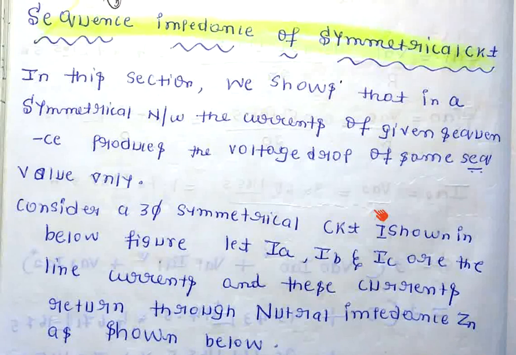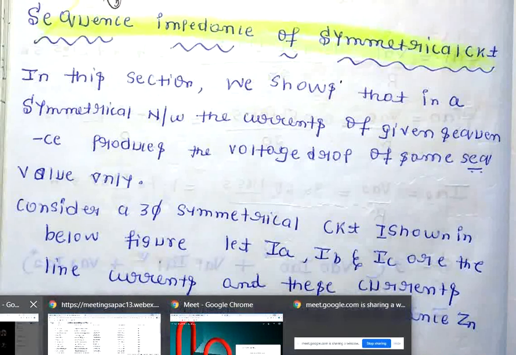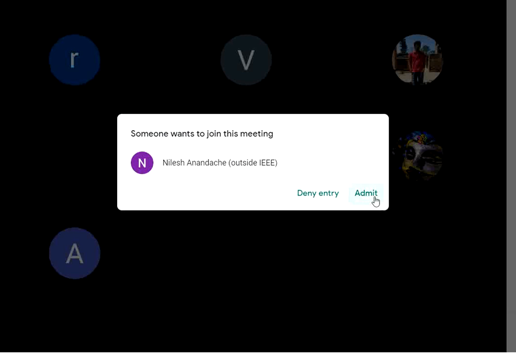But what I mean to say is, whatever impedance is encountered by positive, negative, or zero sequence components, its magnitude depends on the type of equipment you are using in the power system. Generators, transmission lines, and transformers do not have the same impedance.